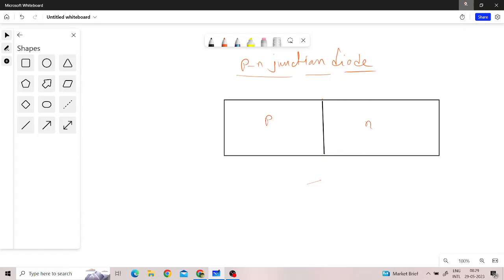In the P side, as we all know, the majority carriers are holes and the minority carriers are electrons.